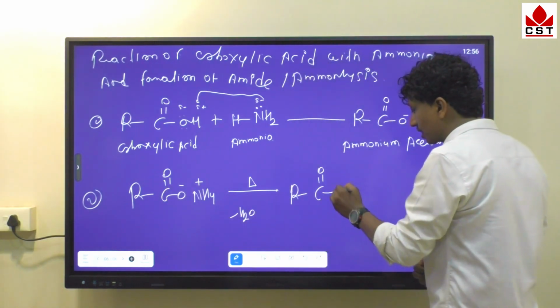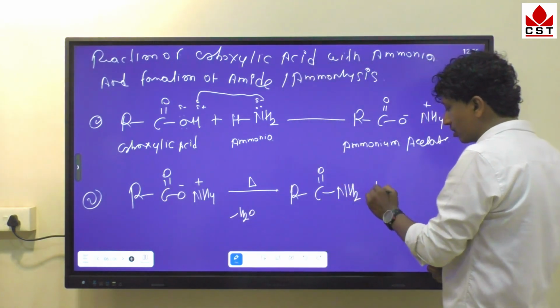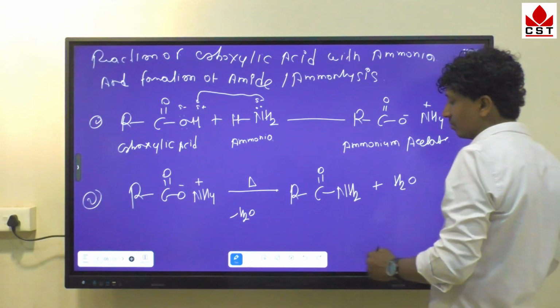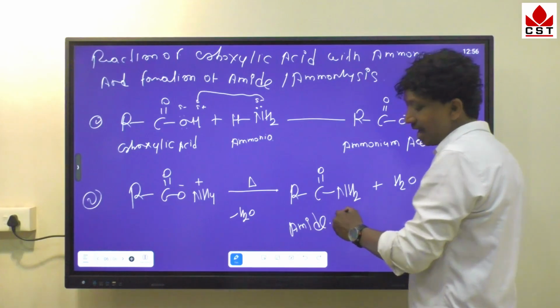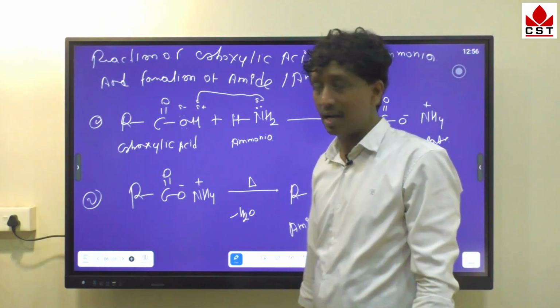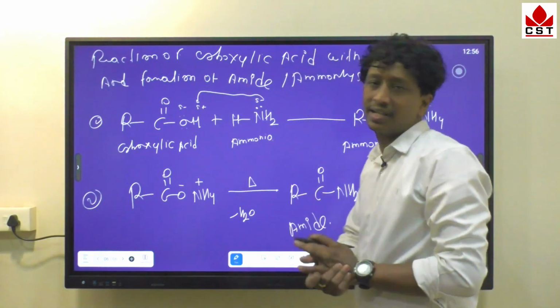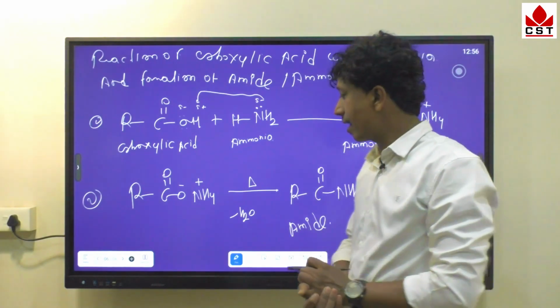There is RC double bond O with NH2 attached to that carbon, minus water. The name of that product is amide. Okay? So this is all about the general reaction of ammonolysis of carboxylic acid.